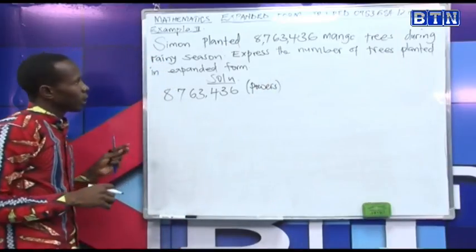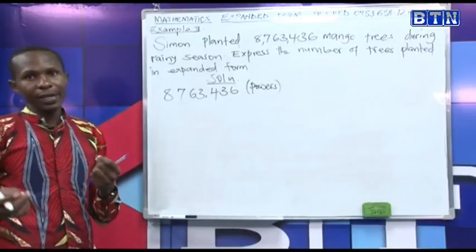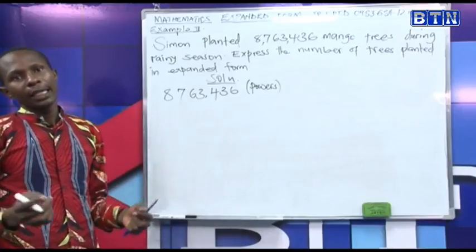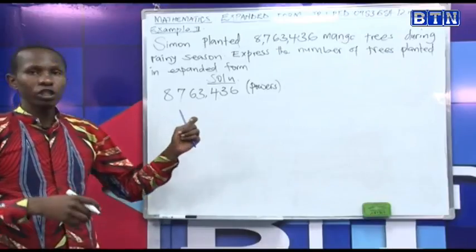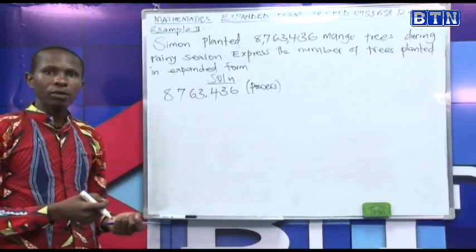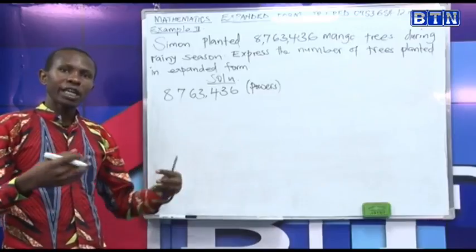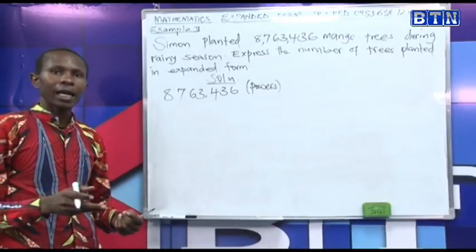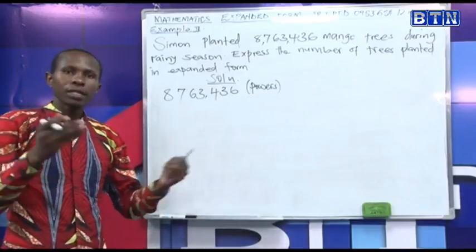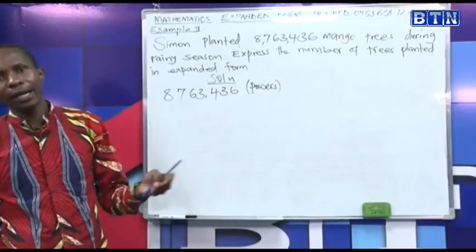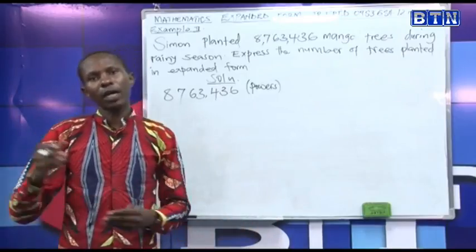In the first question they specified to use values, but in the second example they have not specified. So one person can use values, another person can use exponents. It is now your wish. Once the question is open like that, you decide which method to use. You can use values, and at the same time you can use exponents.